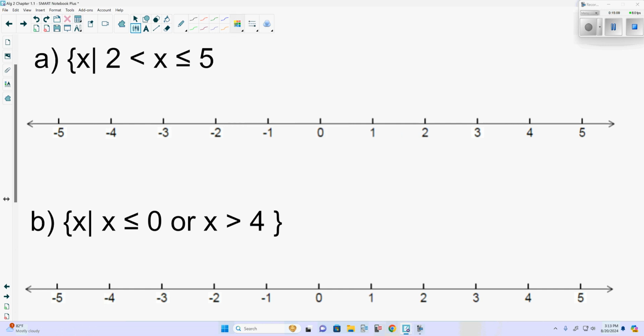Because really, if I told you to graph this, it's the same as this here. So they're going to be the same thing. We're graphing the same piece. So as we were saying, our 2 points are at what? 2 and 5. One, both, or neither of these shaded? 5 is shaded because it has the equal to. And since x is in the middle, we shade in between. And that's it.